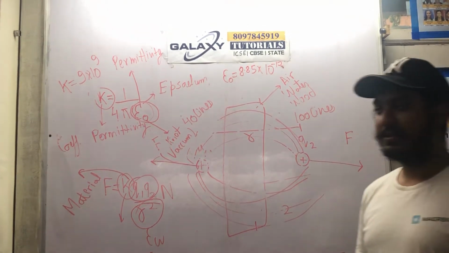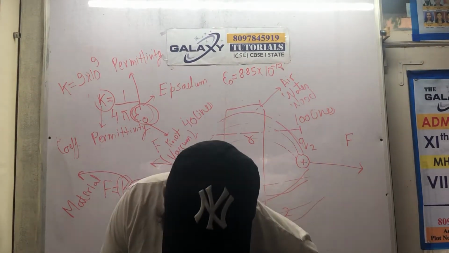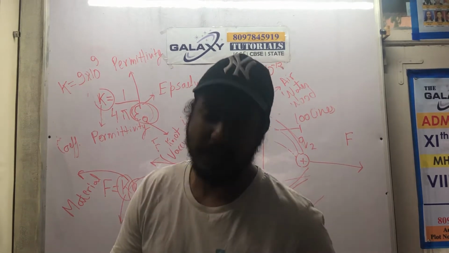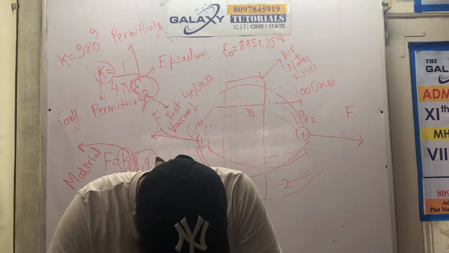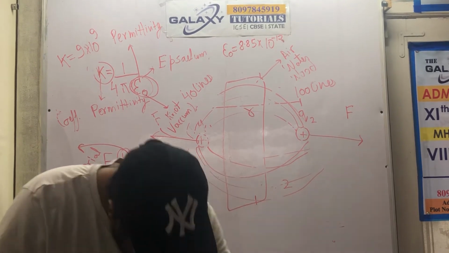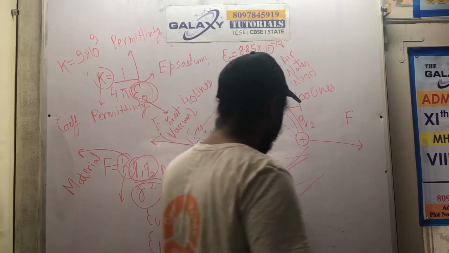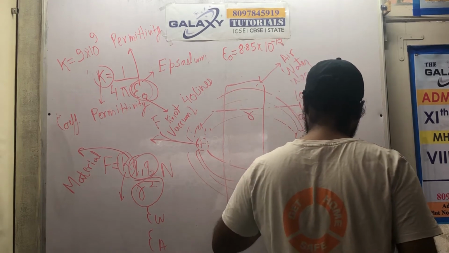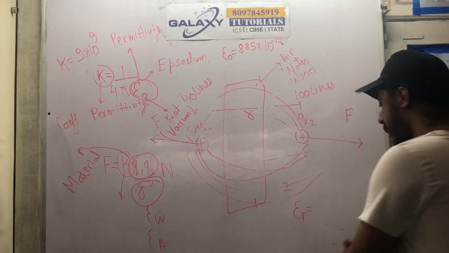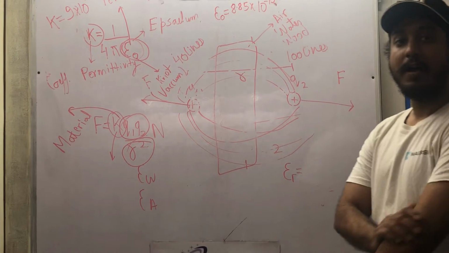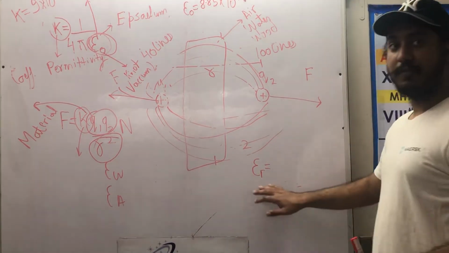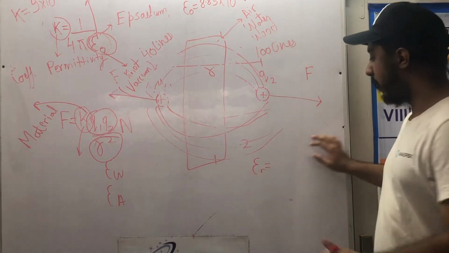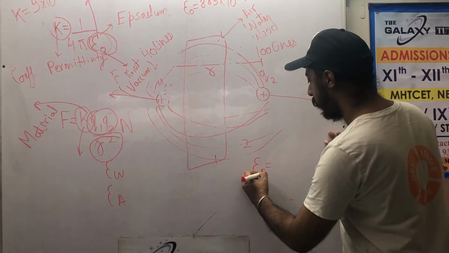For other materials, they will give you the value in the question itself. But in case they do not give you the value, they will give you the value of epsilon r. Epsilon r is basically the relative value of permittivity with respect to vacuum.